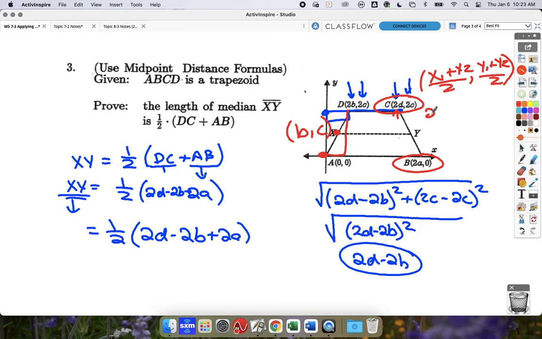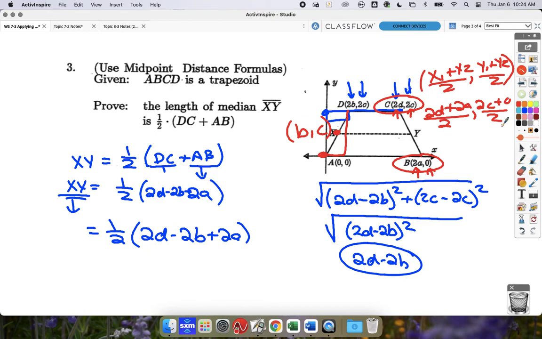The 2 in the denominator is going to eliminate the 2's in the numerator.